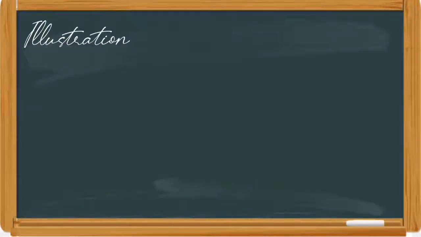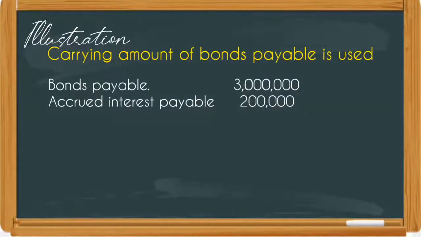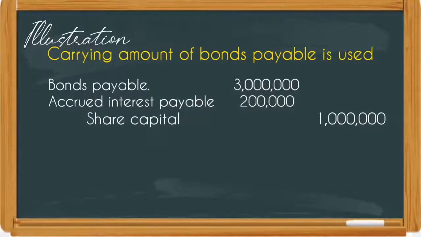What if hindi given si fair value of shares issued at fair value of bonds payable? Ang gagamitin natin is yung carrying amount of bonds payable. De-recognize lang ulit yung bonds payable and accrued interest payable and then credit share capital at par value.